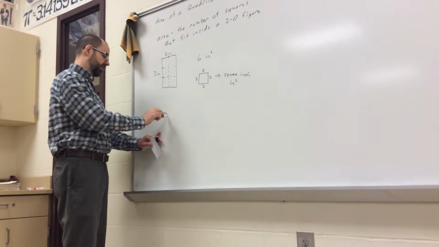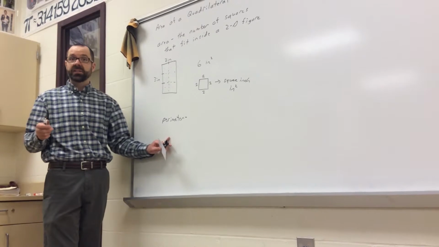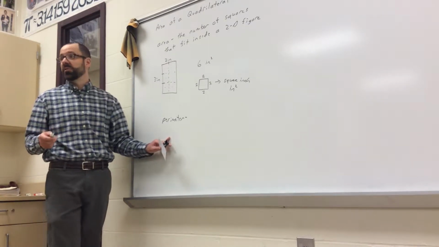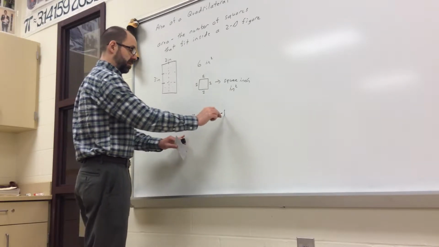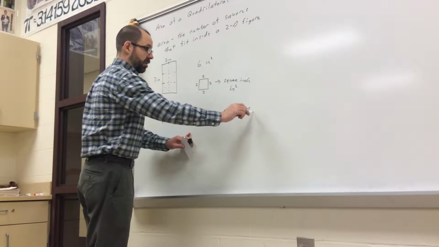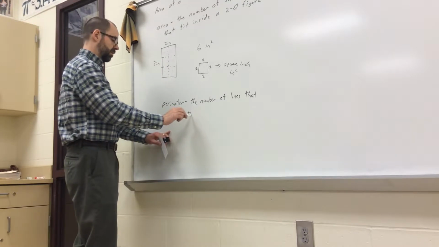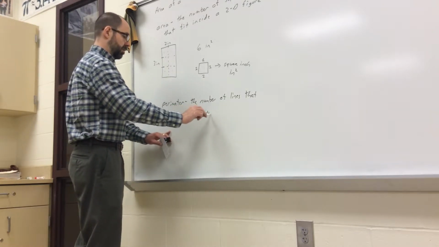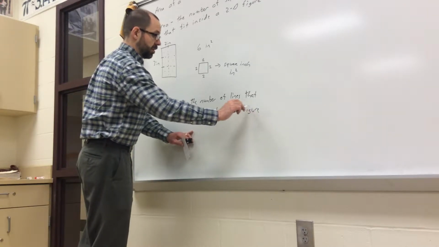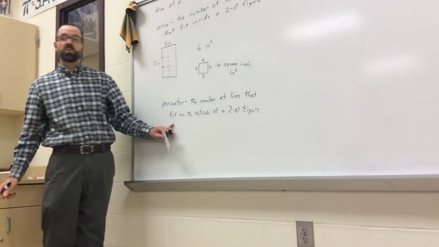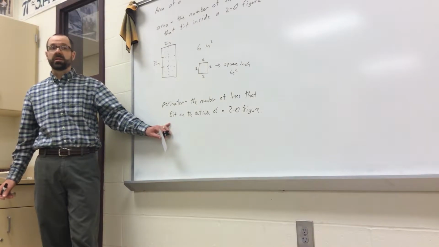Okay, then perimeter is the number of lines that fit on the outside of a 2D figure.